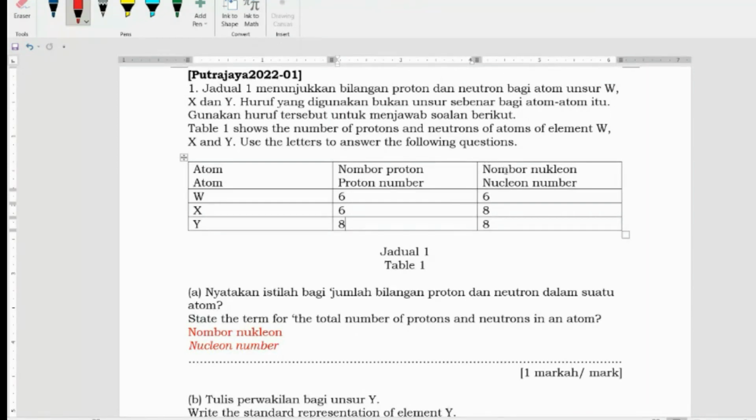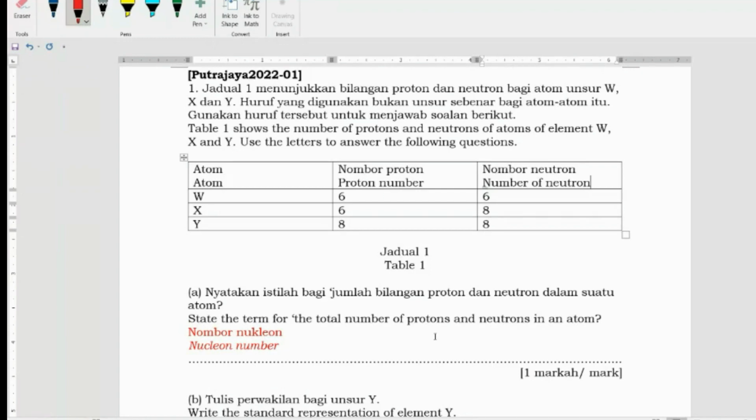This one should be neutron number, because nucleon number must be larger than protons. This should be the number of neutrons. Okay, now this works.